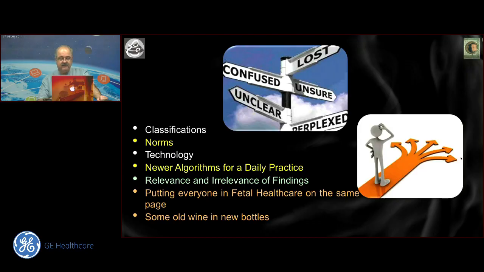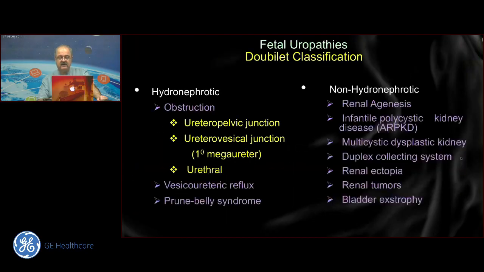Let's move on to the first of the scientific part of the program, which is the original classification by Peter Dubélé. He came up with this many, many years ago, and it's almost 30 years since, but it's still very useful to use on a regular basis.